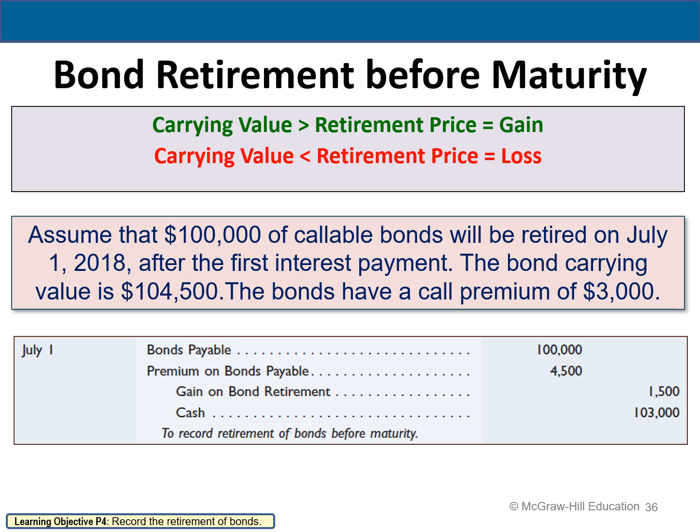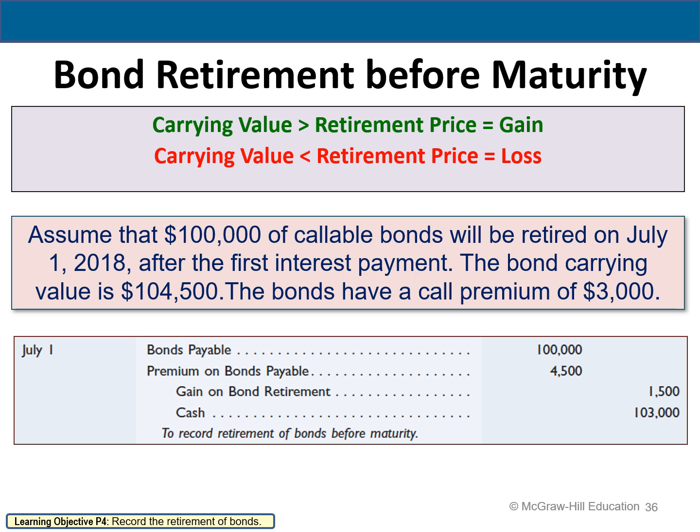So they have the right to call those bonds back at any point in time. The bond indenture can give the issuer an option to call the bonds before they mature by paying the par value plus a call premium to the bondholders. So that's what's happening here.